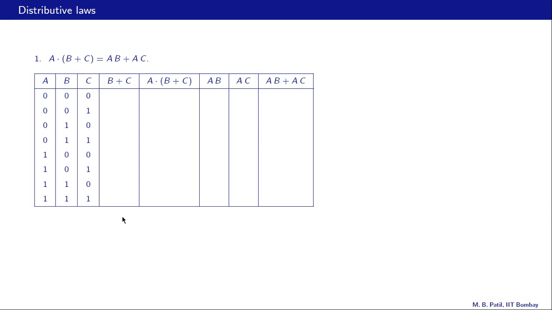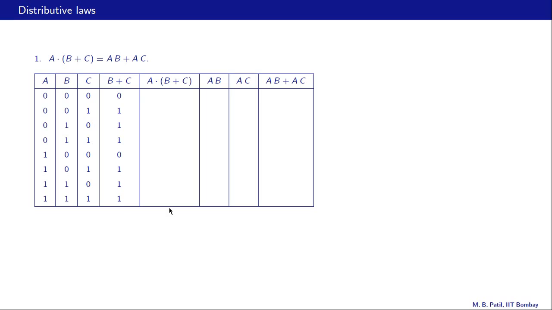Let us now complete these columns one by one, starting with B plus C. When is B plus C equal to 0? It is 0 if B is 0 and C is 0. And that happens over here and over here. So in these two positions, we will have B plus C equal to 0. And in all other positions, we will have B plus C equal to 1, as shown over here. What about this column?